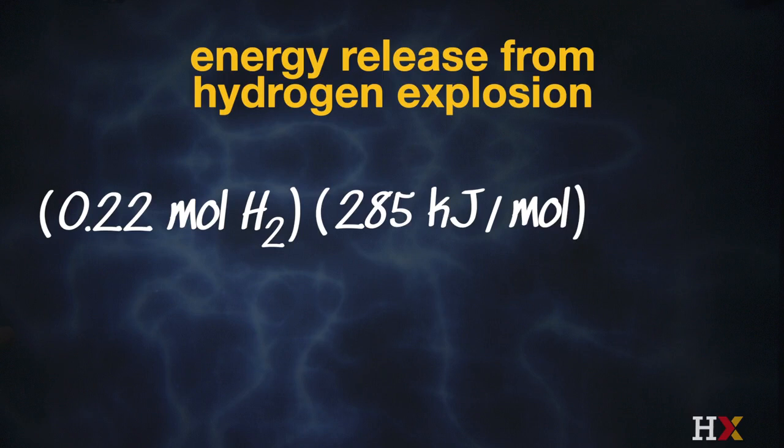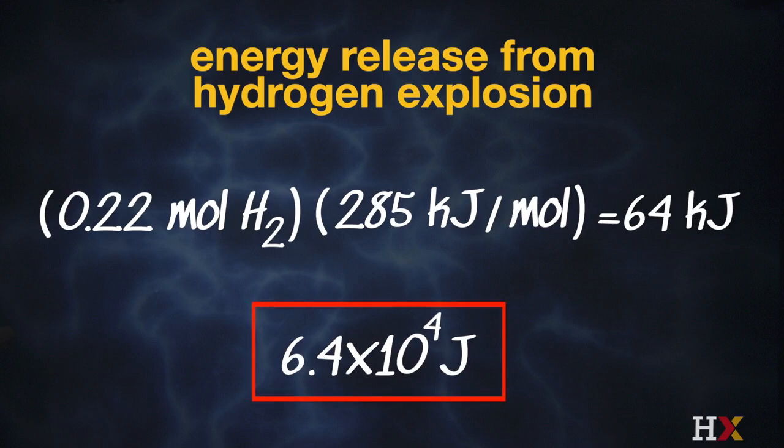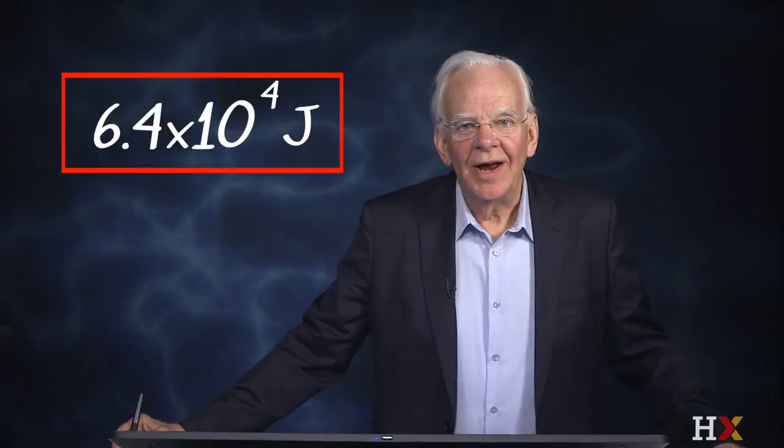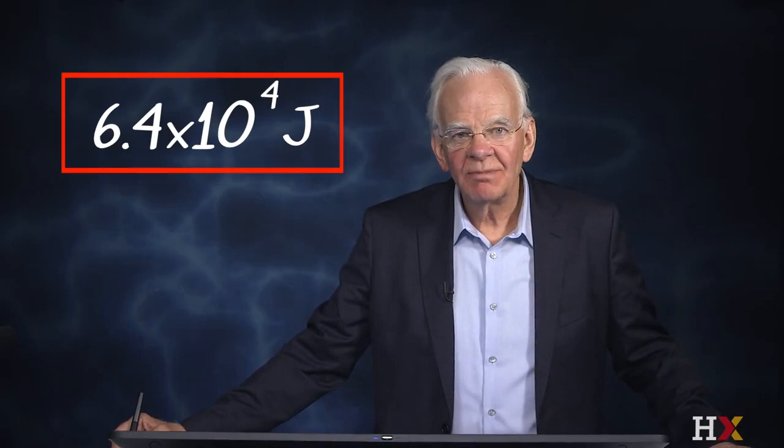And when I calculate that out, that gives me 64 kilojoules. And then I can convert that to joules. That's 6.4 times 10 to the 4 joules. That's the energy release from the explosion of hydrogen as it mixes with oxygen. All right. So I have 6.4 times 10 to the 4 joules per explosion.